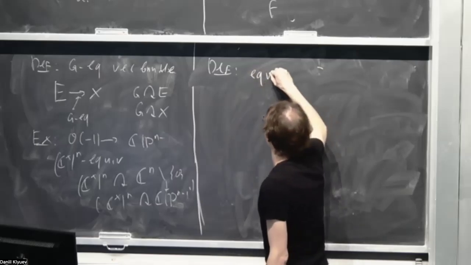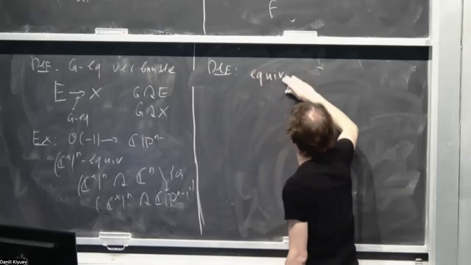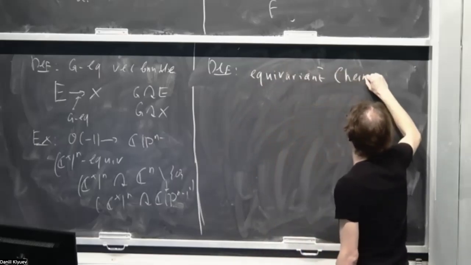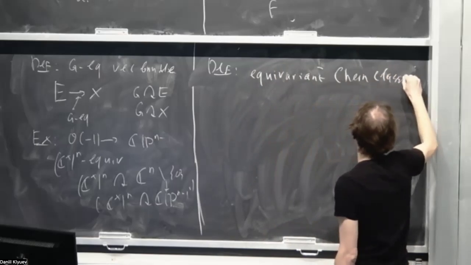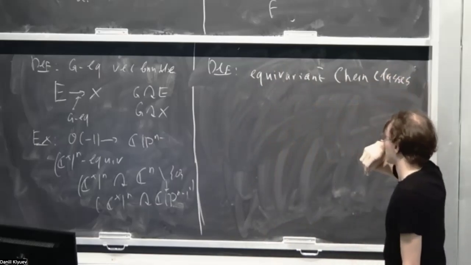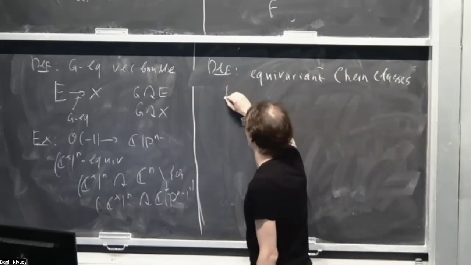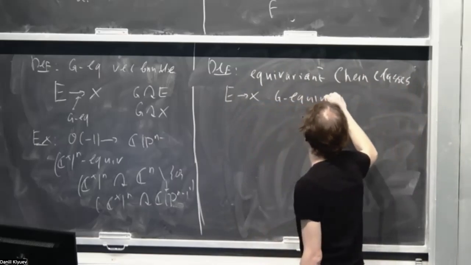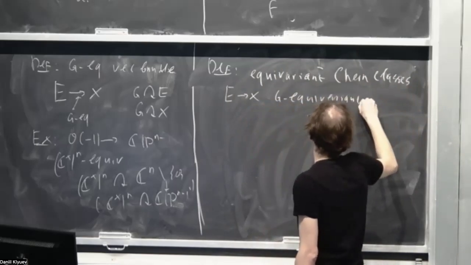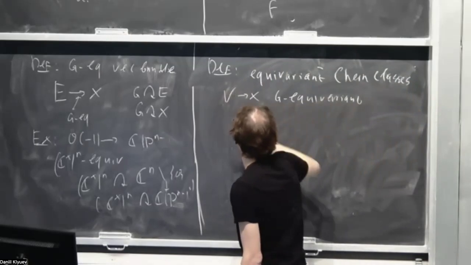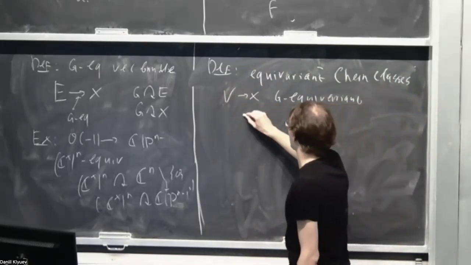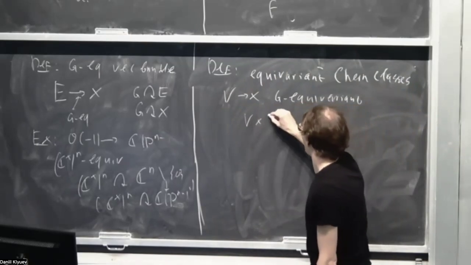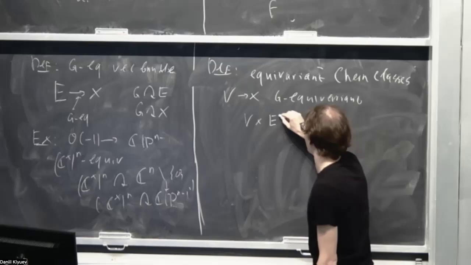I'll write equivariant Chern classes. If I have a G-equivariant vector bundle V over X, then there is a bundle over the homotopy quotient.